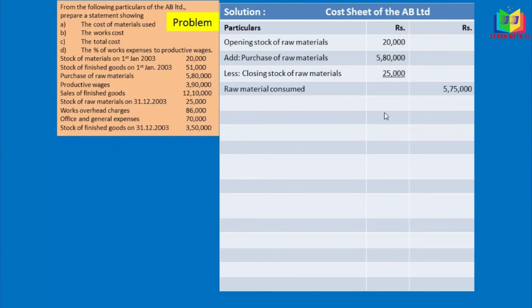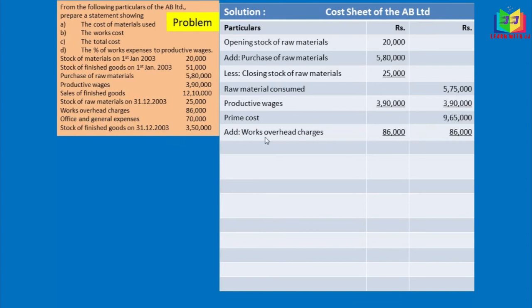And next step is that we have to add the productive wages. If there is any direct expenses, we have to add it here. In this problem only productive wages is given, so we have to write that productive wages. If we add this, we'll get the prime cost. And with this prime cost we have to add the works overhead. Works overhead charges is 86,000, so we have to write this.